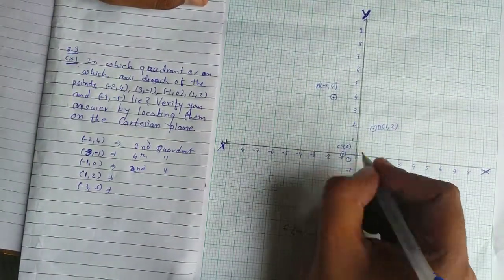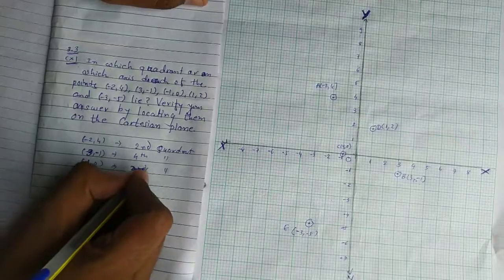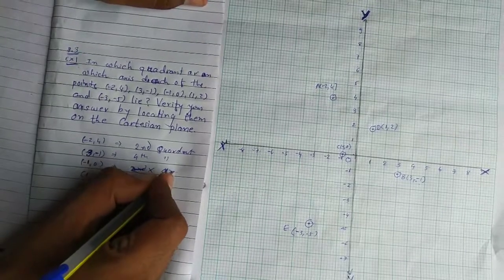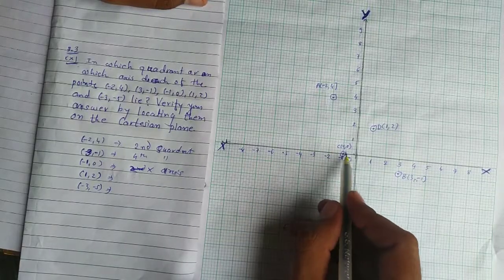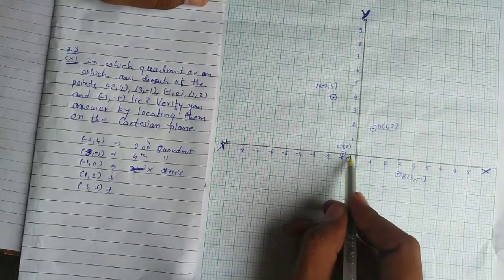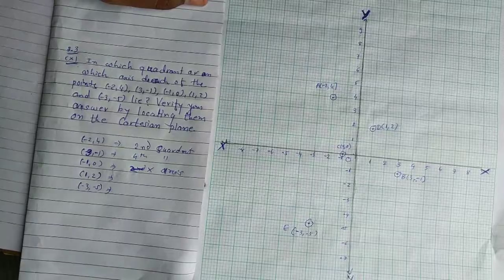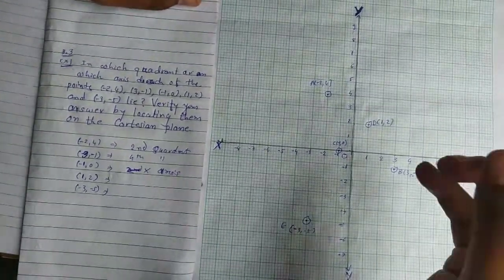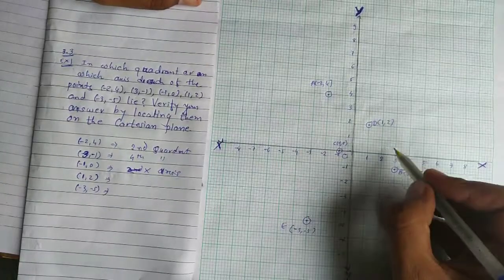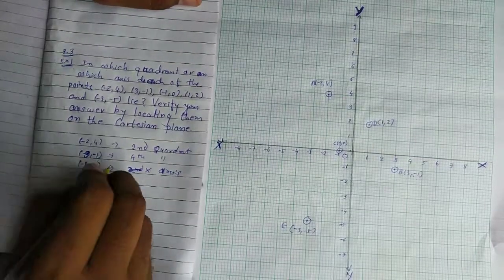Sorry, on the x-axis, because it is passing through the x-axis. So (-1, 0) is on the x-axis. (1, 2) is in the first quadrant.